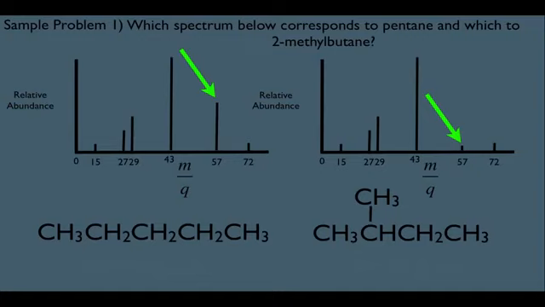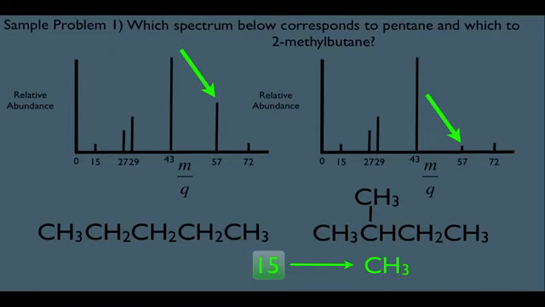Let's do some math here. Let's start with the pentane. 72 minus the 57 means that the molecule lost something that weighs 15. And think about it. What weighs 15? Well, a methyl would weigh 15. So think about this. What we're trying to figure out here is which molecule is more likely to lose a methyl upon fragmentation.